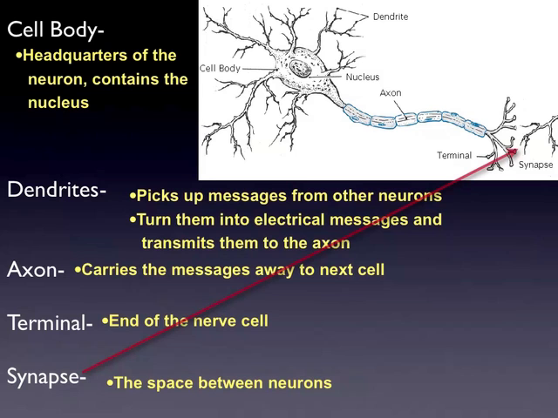So the terminals release chemicals into the space. They're called neurotransmitters. These chemicals are released by the terminals, and they attach to the dendrites of the next nerve, and that starts the impulse traveling down that nerve cell. Then it gets to the terminals, and then it goes to another nerve cell. So you have this message sent from one neuron to another, until it actually reaches its destination.